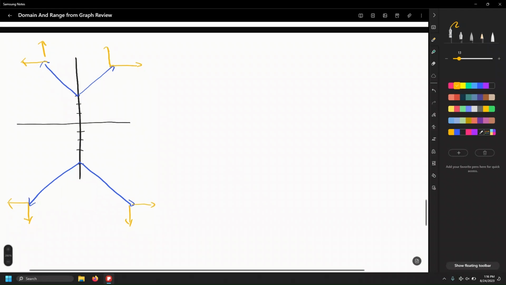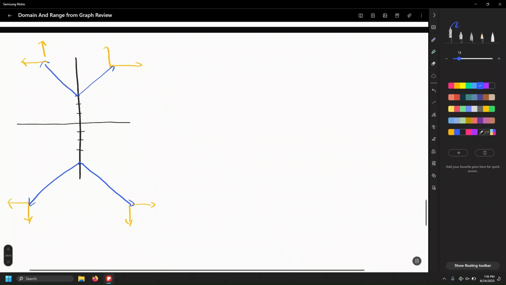Scanning the graph from left to right for the domain, I think this one is not going to be a big issue, despite having graphs at the top and at the bottom on the same grid. So here, when we look at the graph from left to right, we don't see any gaps or any holes or any discontinuities.